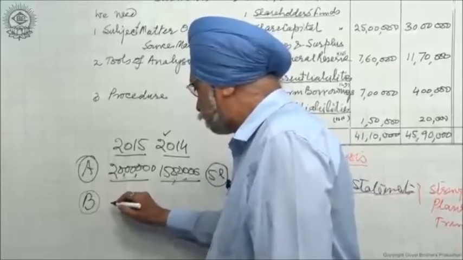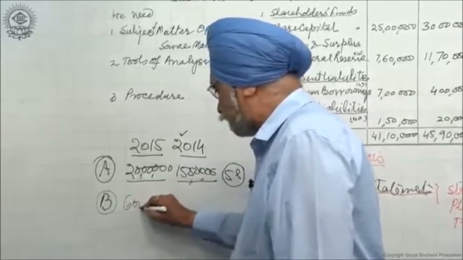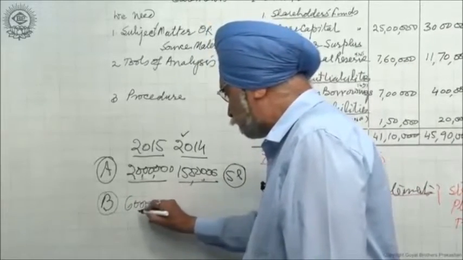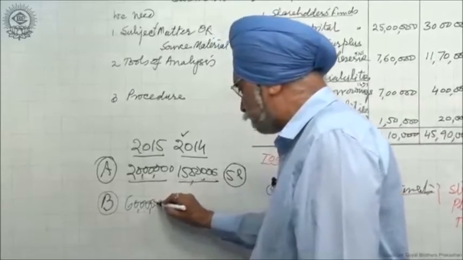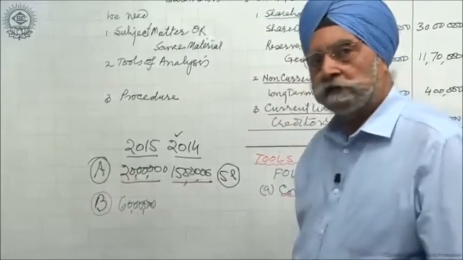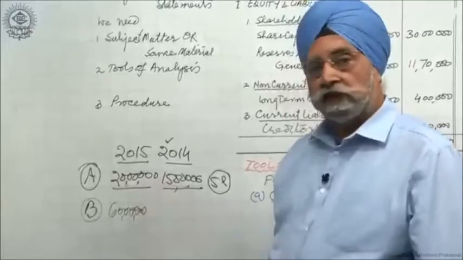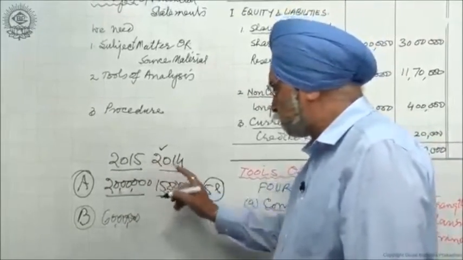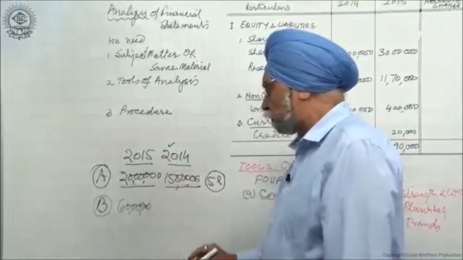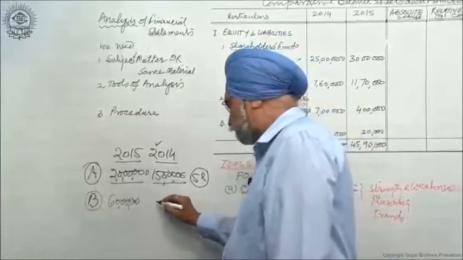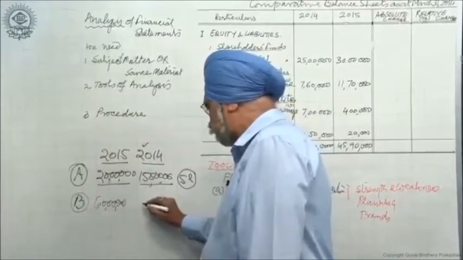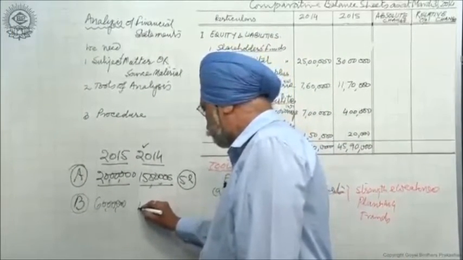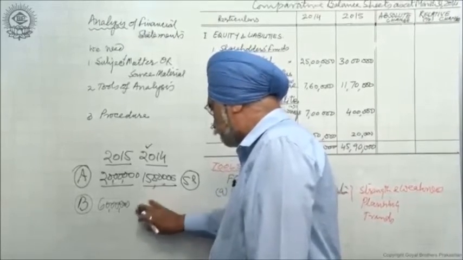Now in B company, there is 60 lakhs profit this year. And in the previous year, the profit was, say, 55 lakhs.